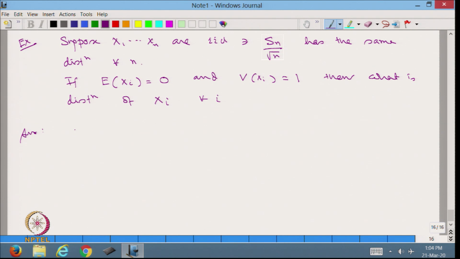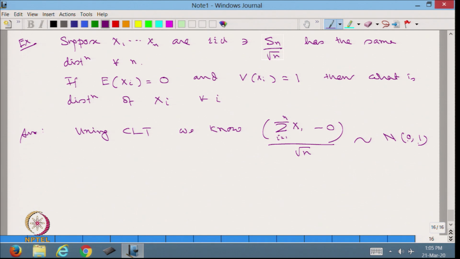Answer: using the central limit theorem, we know the sum of Xi, i equal to 1 to n, minus 0 upon root n converges to normal 0 1, or Sn upon root n converges to normal 0 1.